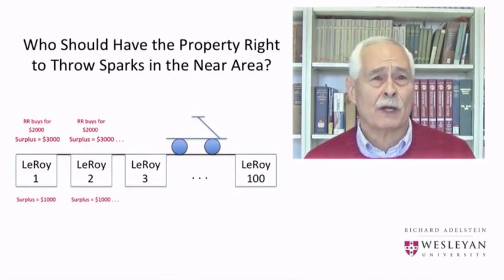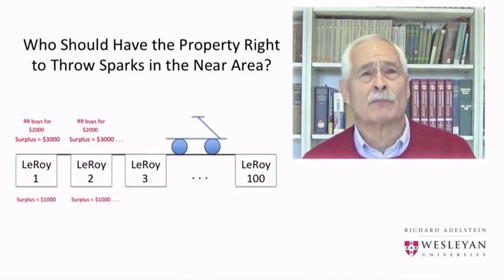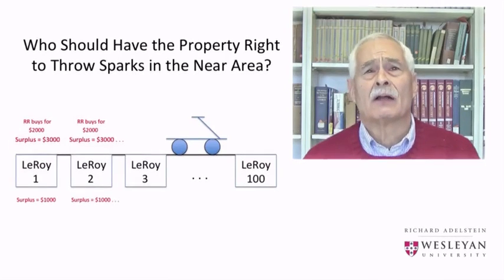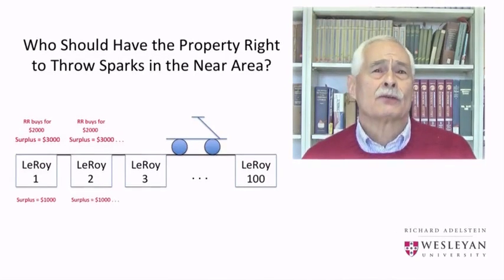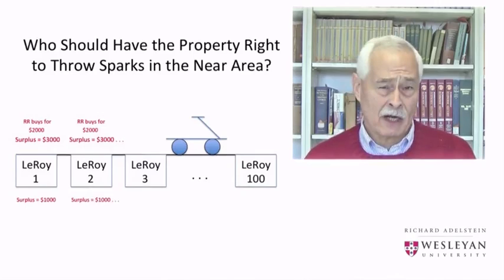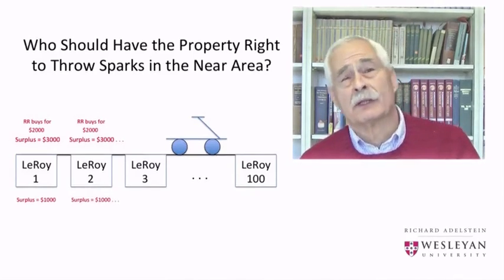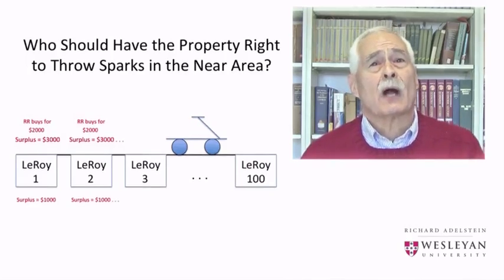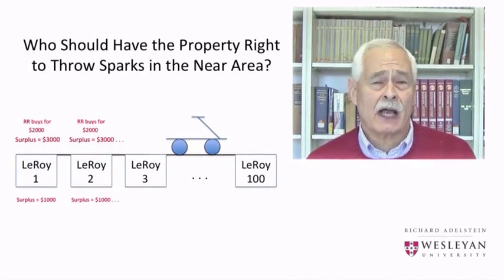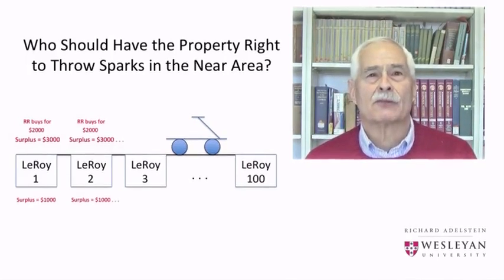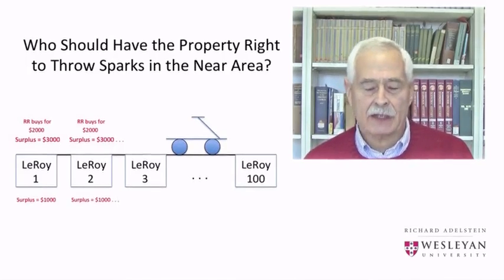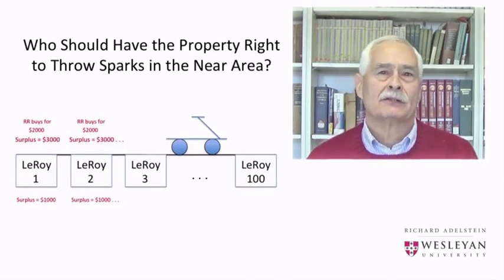Let's assume that the railroad offers LeRoy number 1 $2,000 for the property right to throw sparks in that LeRoy's yard. What this means is that once it completes the project, the railroad can drive its trains past LeRoy number 1's lot and throw the sparks into the lot, for which it has paid $2,000.